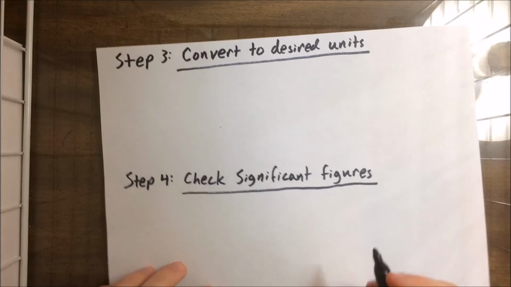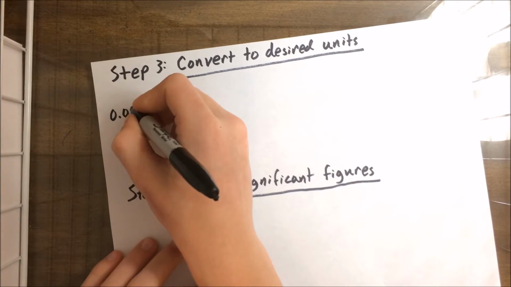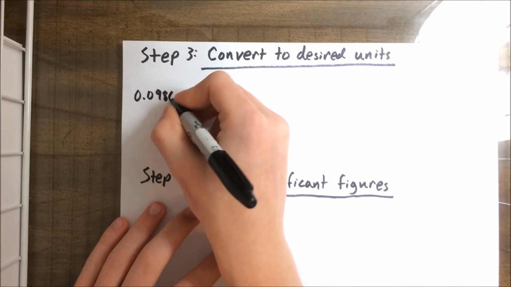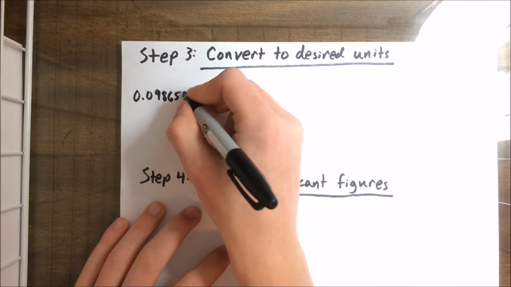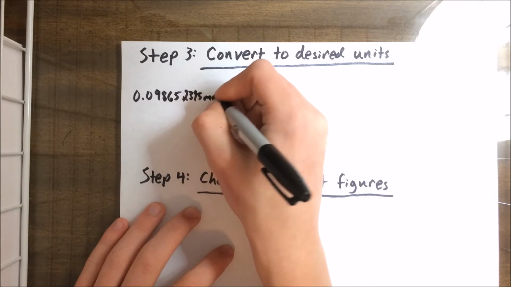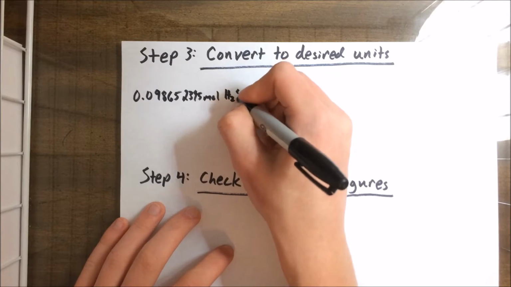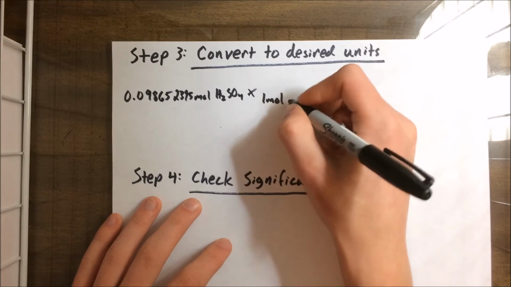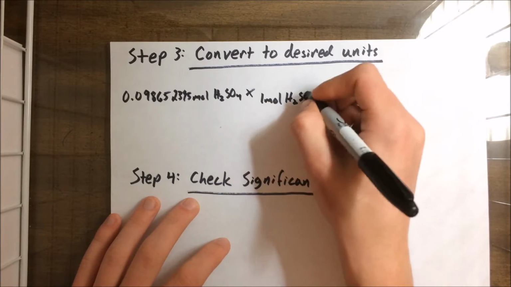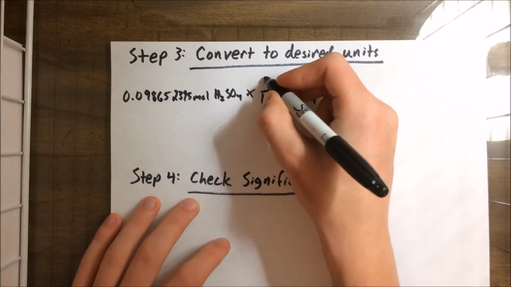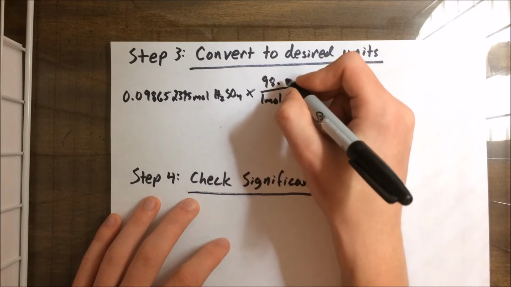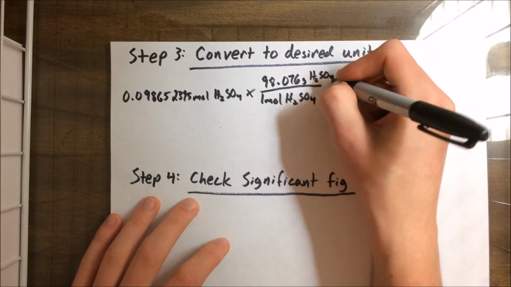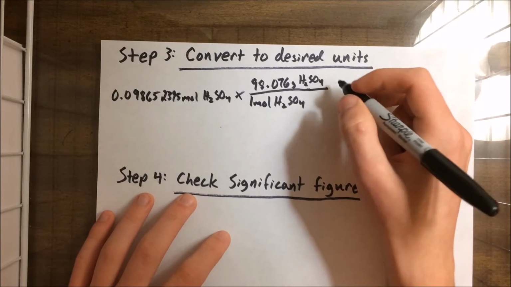So we're going to take 0.098652395 moles of H2SO4 and multiply it by the molar mass, 98.076 grams of H2SO4 per mole of H2SO4.